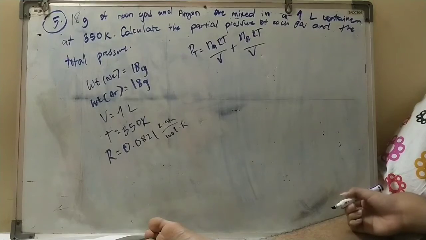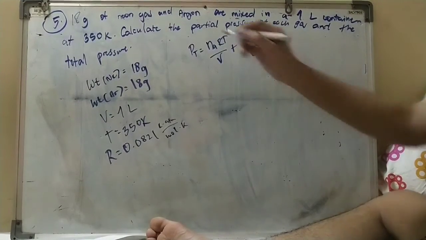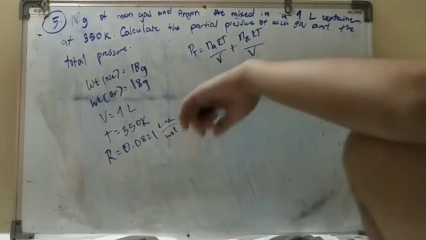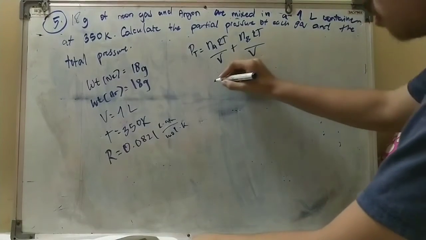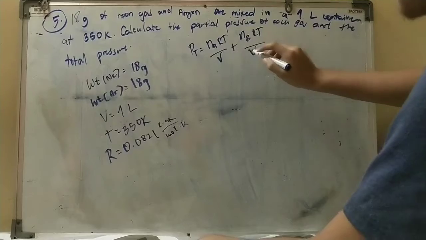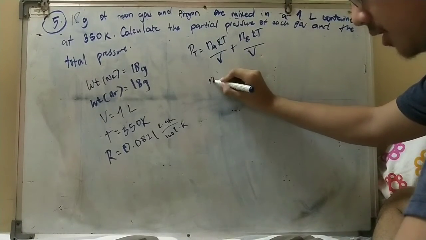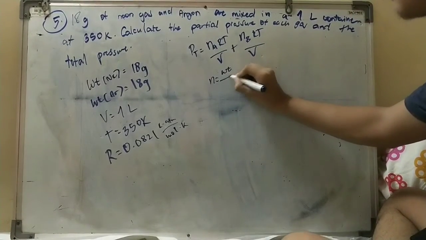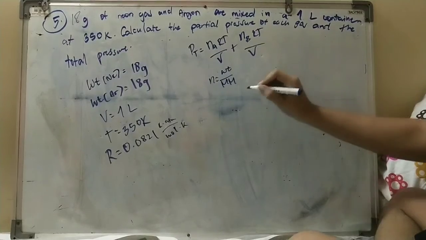values. So first, what we need to do is to convert weight to moles, so that we can use this equation, because we can't see any weight here. So N is equal to weight over molar mass.